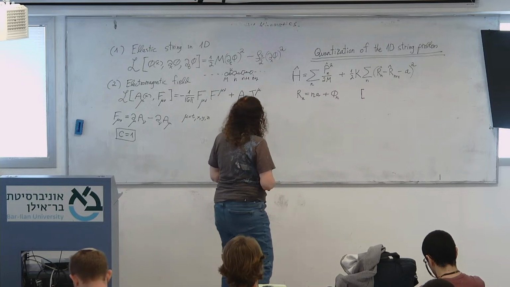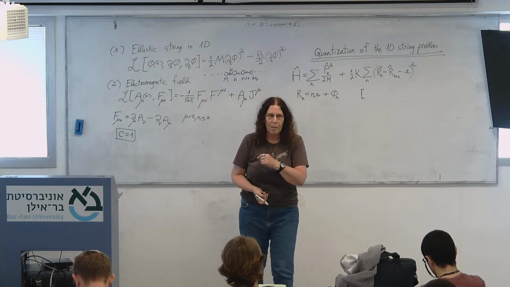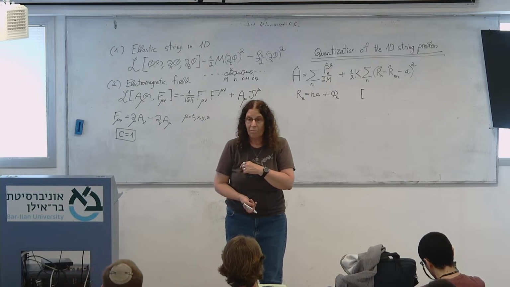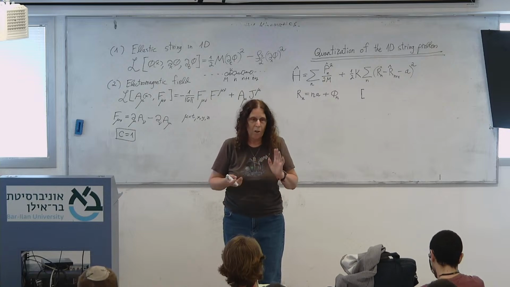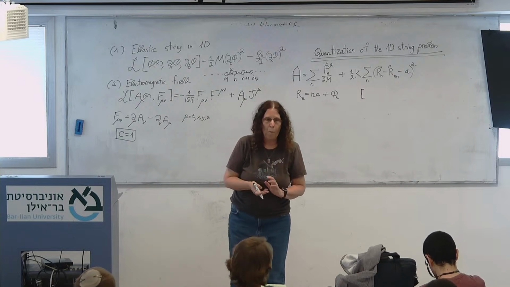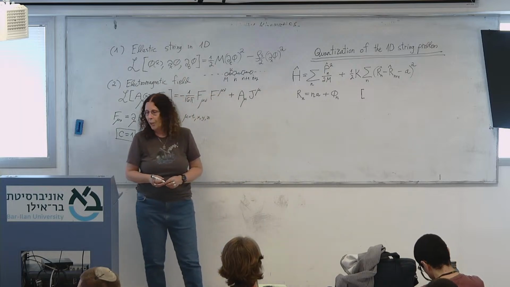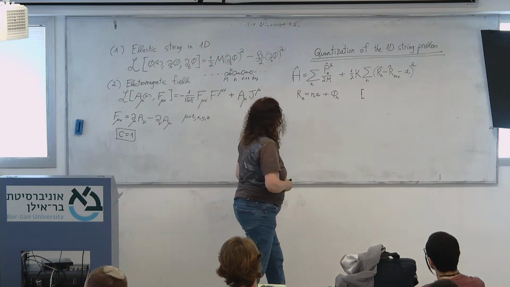And the commutator of Pn and Pn plus 1, let's say, what is it? Zero. It's zero because they are independent. It's a different degree of freedom, right? So each momentum is canonically conjugate to the coordinate of the same particle.